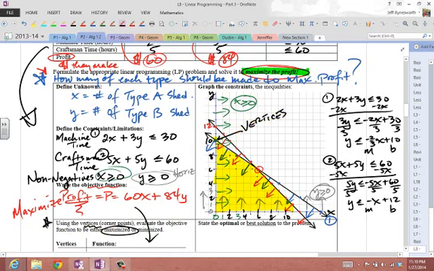are right here, this one, and we'll call that point A at 0, 10. And then this one here at 6, 6, we'll call that point B here.